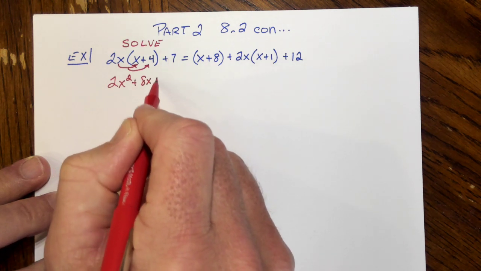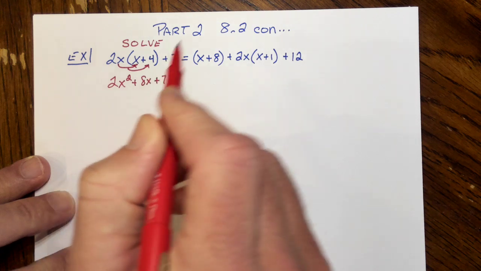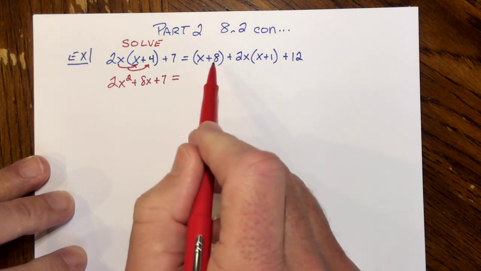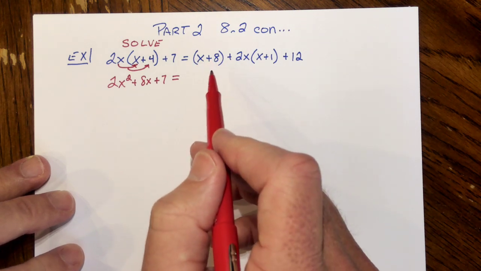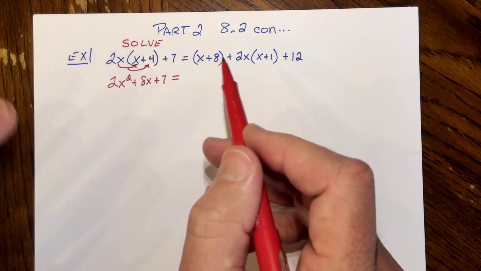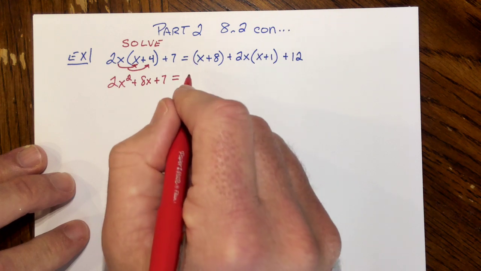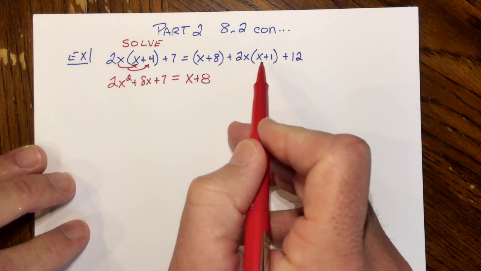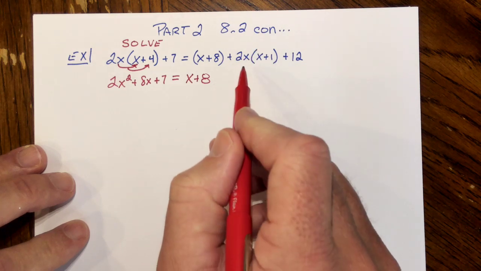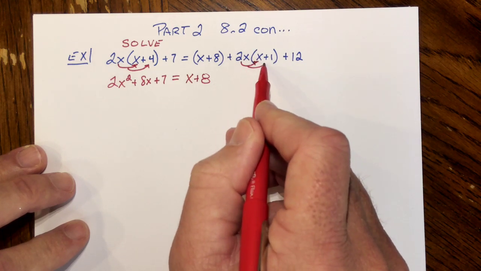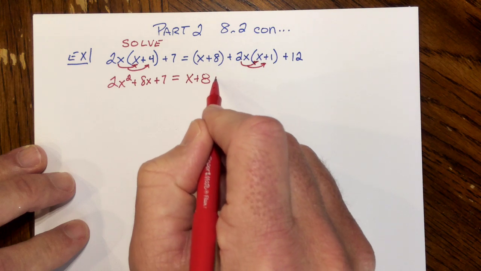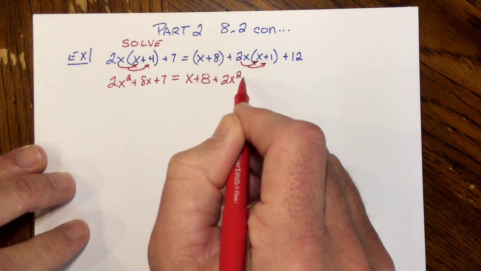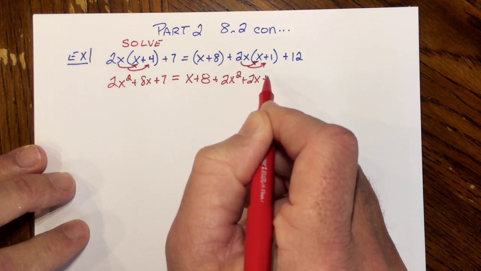Plus 7 unfazed. No more grouping symbols. Good. On this side, these grouping symbols, are they holding anything back? And the answer is no. They're just there to show you that they kind of go together. So we can drop them right now. This grouping symbol is holding this back. So we have to distribute that in. So we'll have plus 2x squared plus 2x plus 12.